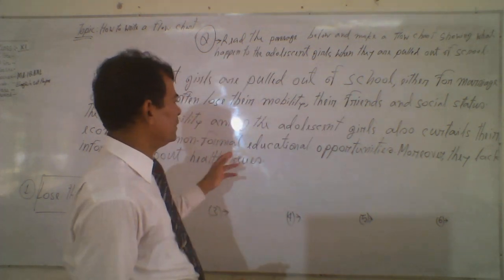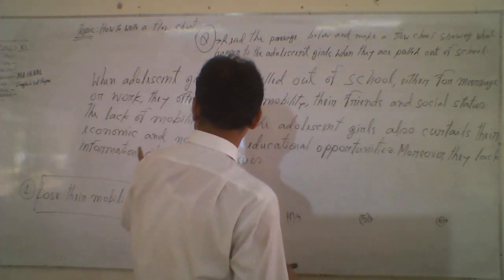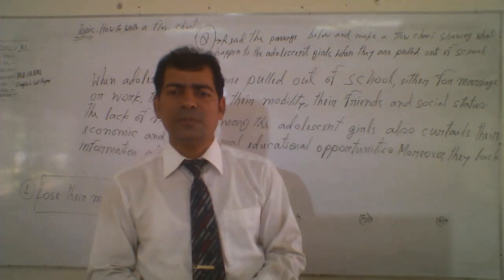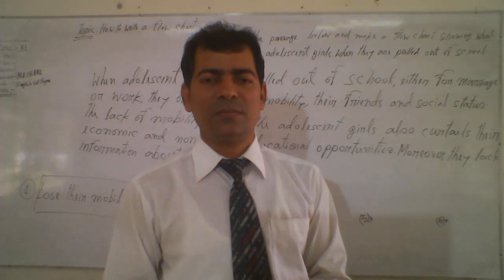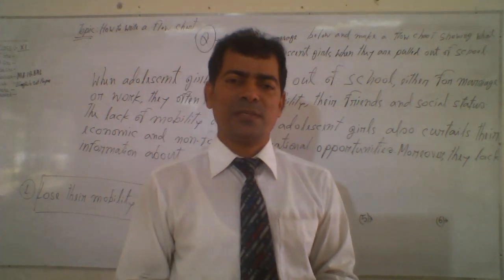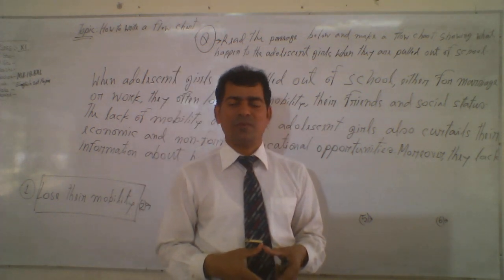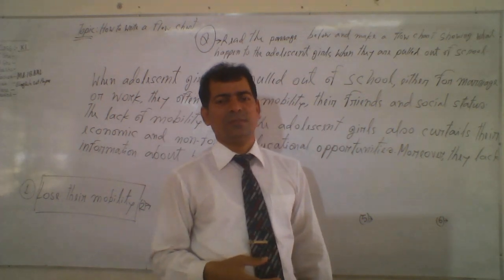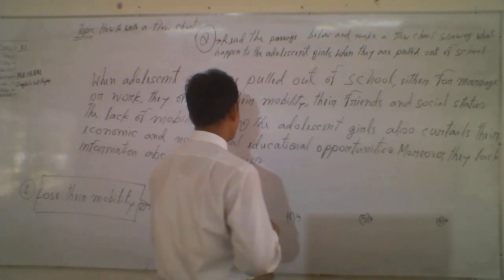Then, moreover, they lack information about health issues. When they are out of school, they don't get information on health. You know that at that time it is very important for adolescent girls to know information on health. It is a very important stage of life.